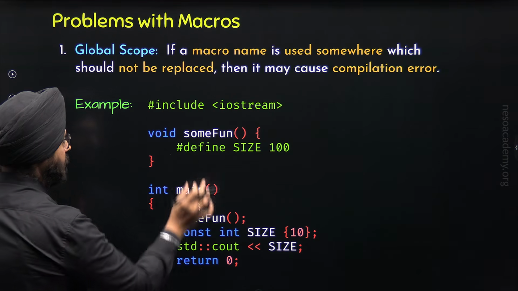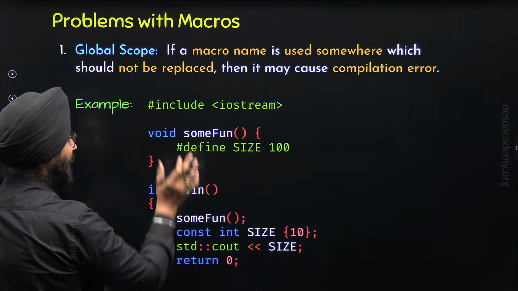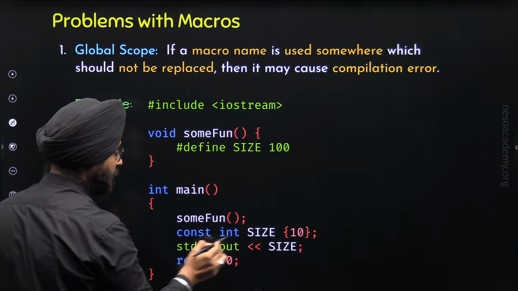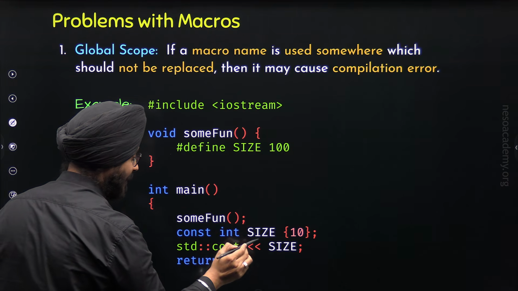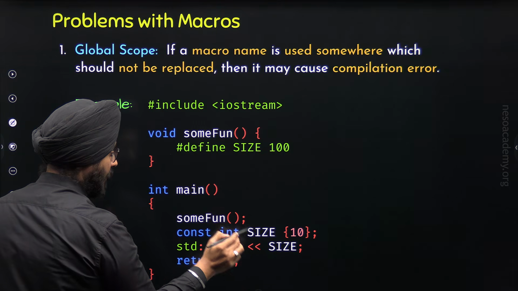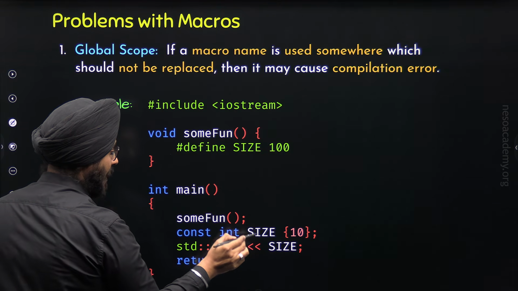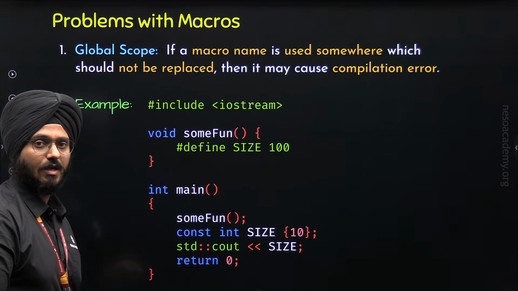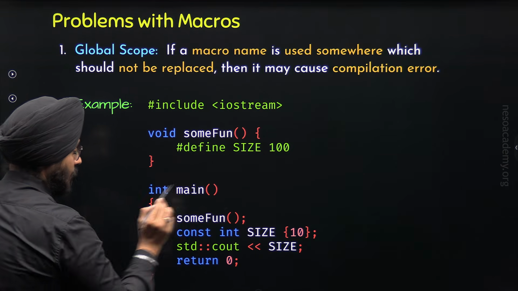Here I am calling this SumFun function to execute this function. After this, I have defined this constant variable SIZE. I am using the same macro name to define this constant variable, and the value of this constant variable is 10. This is not allowed.